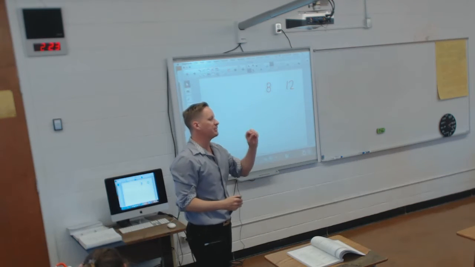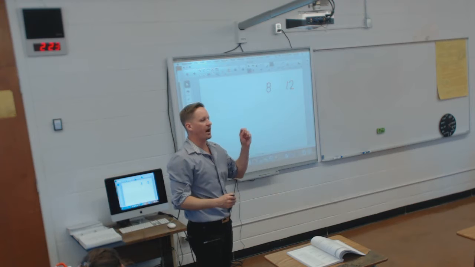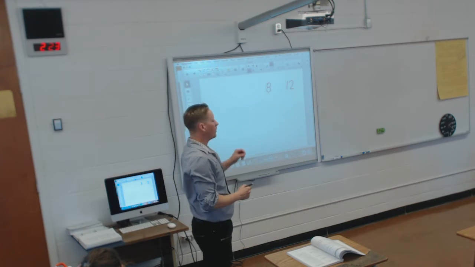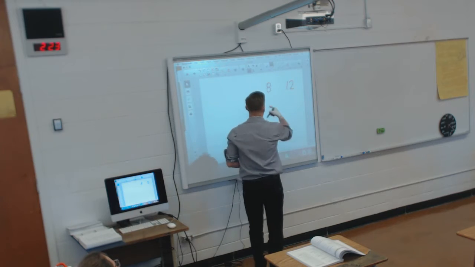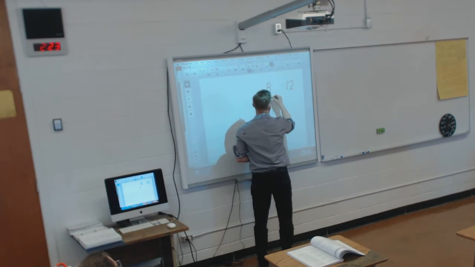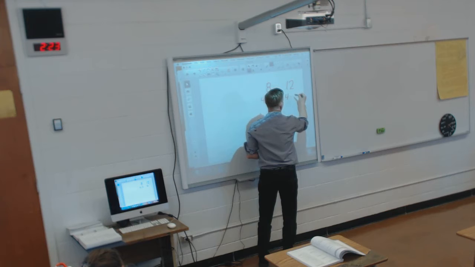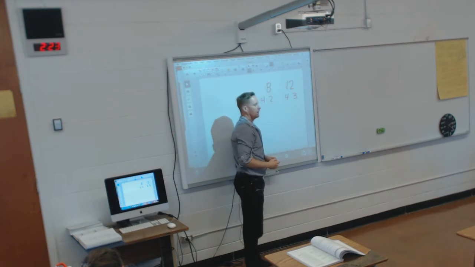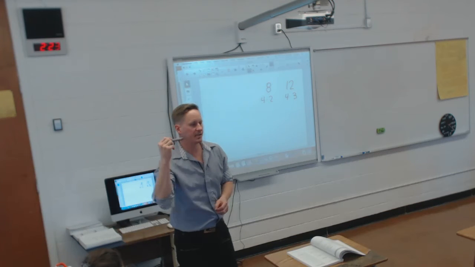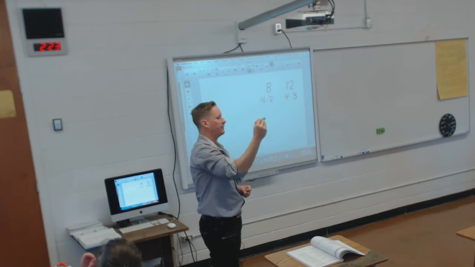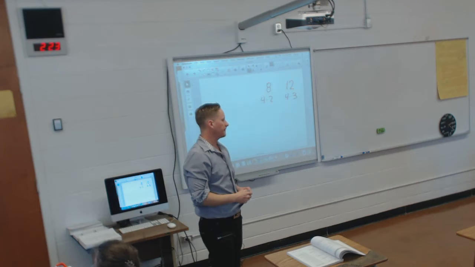I want the largest possible value that can divide evenly into both those numbers. 4. 4 goes into 8 how many times? 2. And 4 goes into 12 how many times? 3. So that's what we call the greatest common factor. The value that goes into both of the terms I'm talking about.